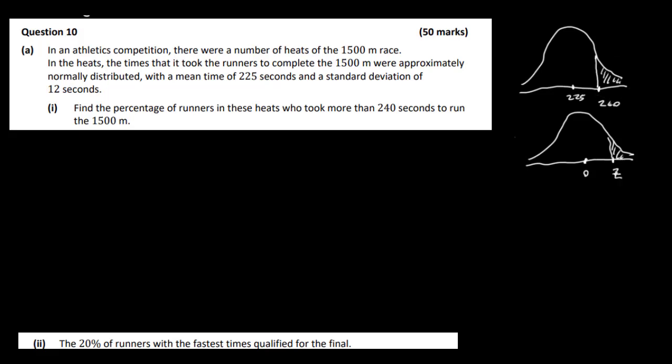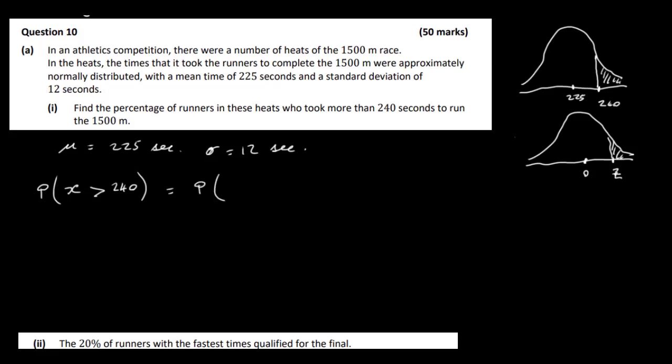So let's do that then. We know that the mean is 225 seconds. The standard deviation from the mean is 12 seconds. So what we want is the probability of x, or x value, these are x values here, being greater than 240 seconds. So we've got to convert that to a z value.